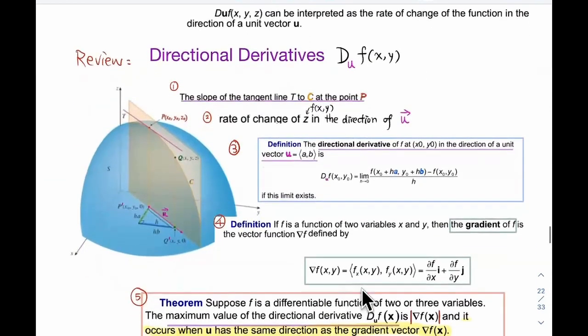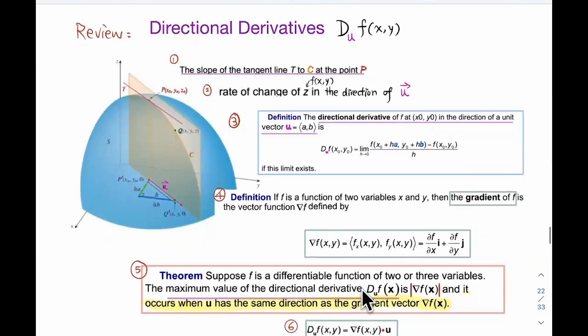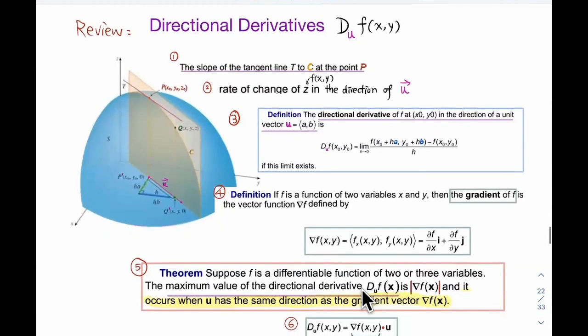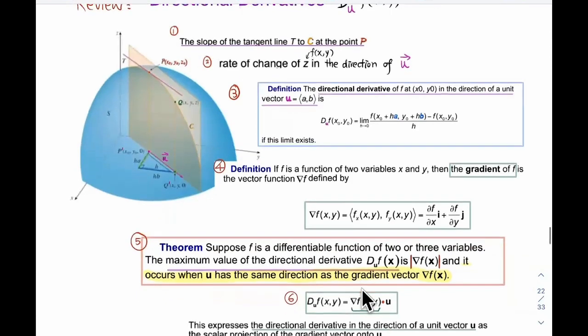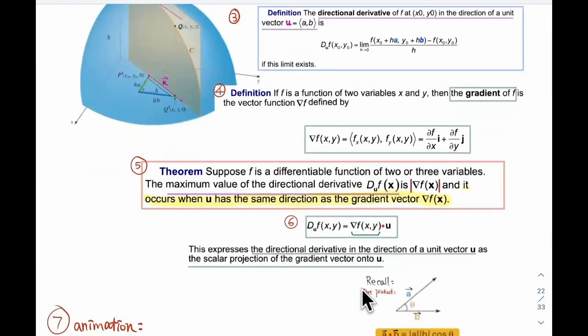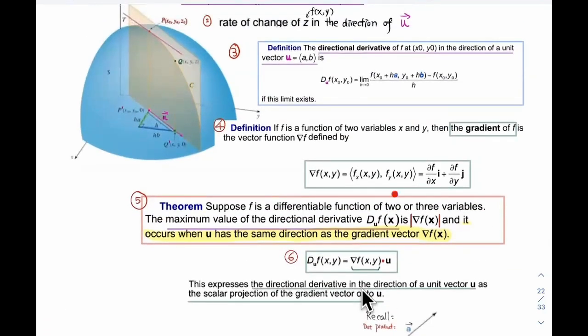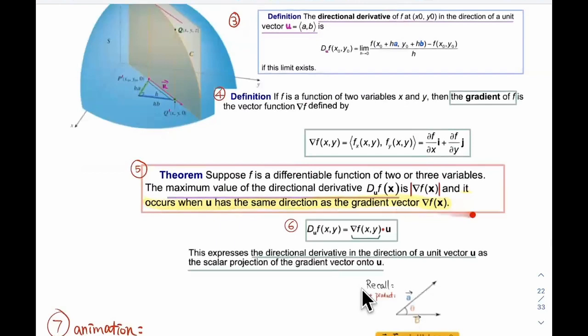And now over here, I give another review. Sometimes you learn so much, and then you have to say, wow, what did I learn, right? So I give a review here. Again, the directional derivative is the slope of the tangent at this point, and that is the rate of change of z in the direction of u, and that's the definition. And we have the theorem, and now I put the theorem here.